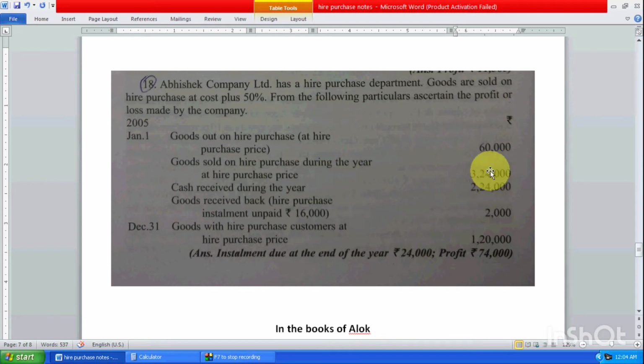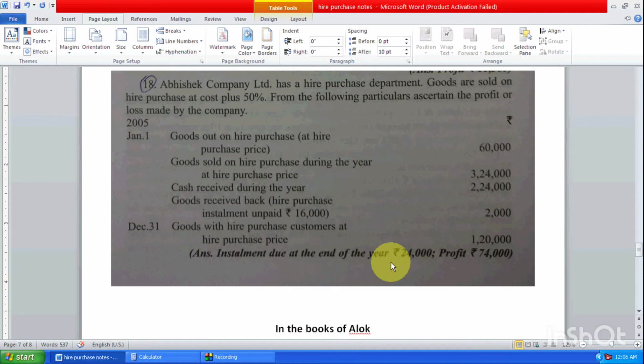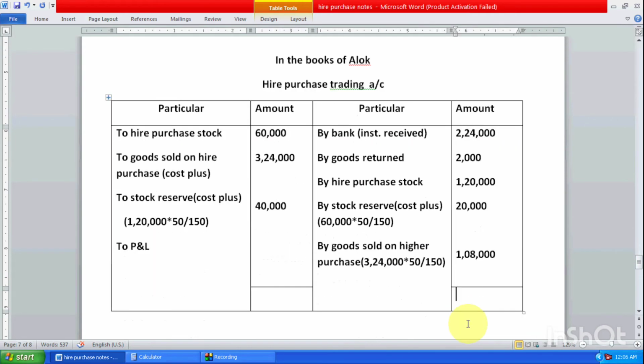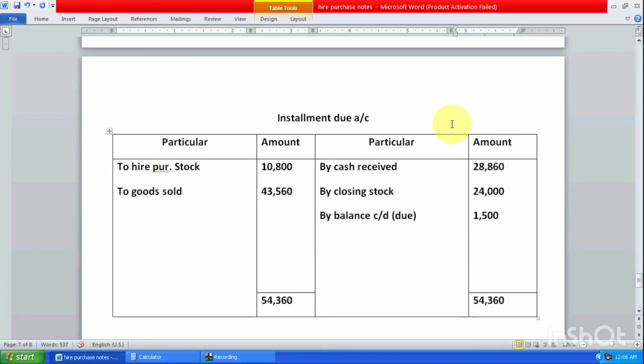Okay, so we have the entry for installments. Opening is 60,000, goods sold, and closing stock also there, return back also there. So first we have to prepare the installment due account.